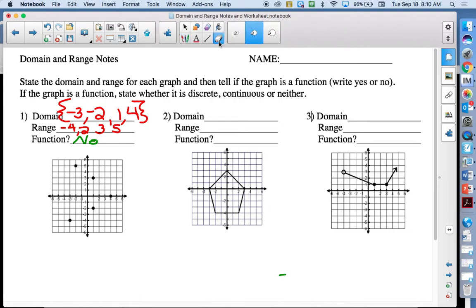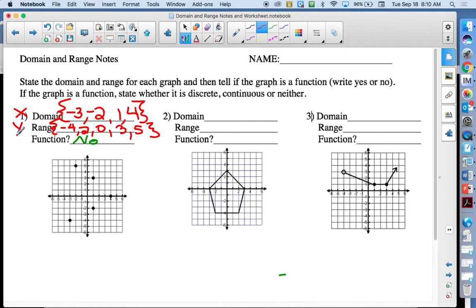Okay, so we have -4, -2, and then he told me a 0, and then a 3, and a 5. So domain would be the x values, the range is the y. And you're listing just the x and the y separately because it just goes from one point to the next. And that's all we have to do for that problem. Question.